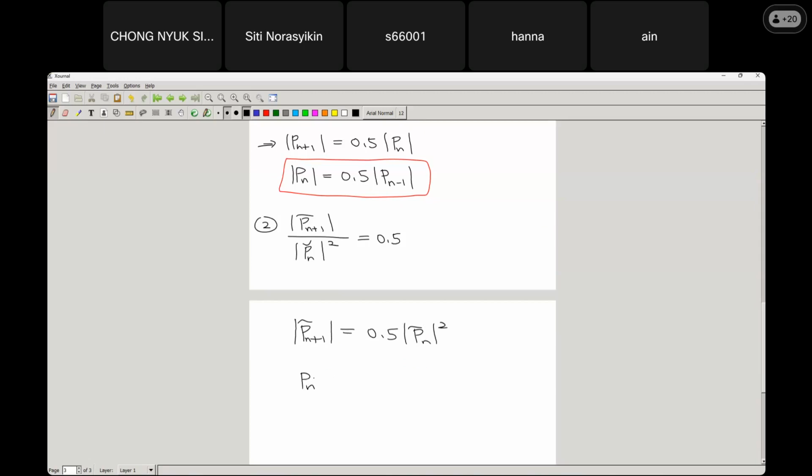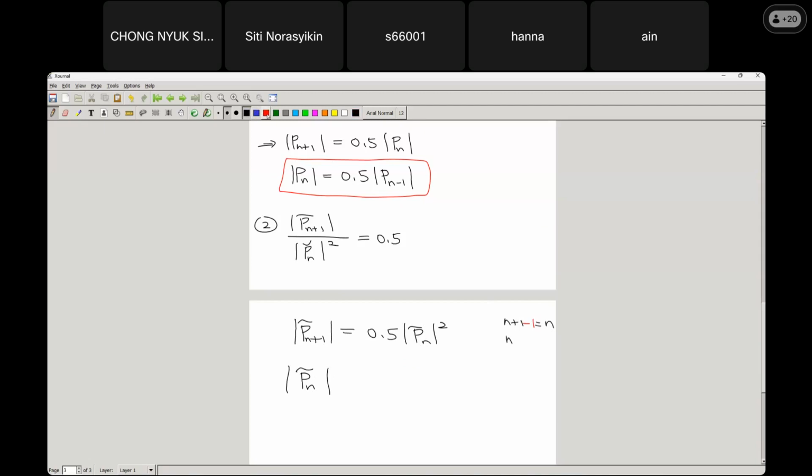If I have Pn tilde, this is n+1 minus 1, I get n.